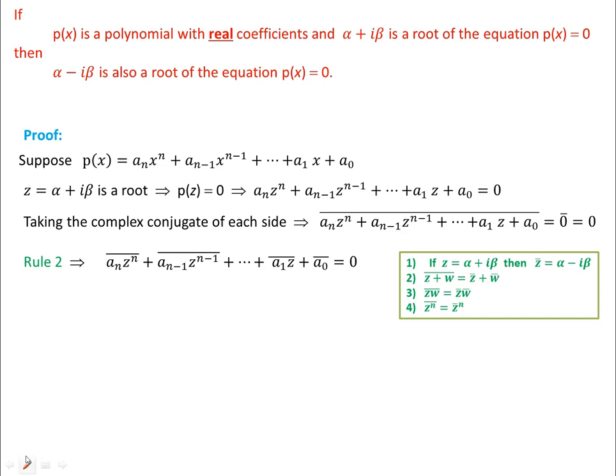Now, rule 3, though, told me that if I have the complex conjugate of z times w, that's the same thing as the complex conjugate of z times the complex conjugate of w.